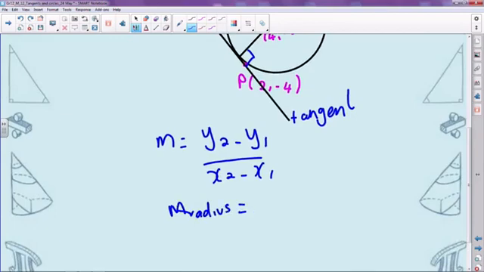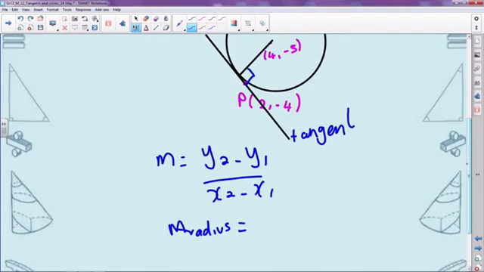It's the change in y, and remember it's important the order that you take it. If you start at the center with the y, you need to start with the center when you're doing the change in x. So it's (-5 - (-4)) all over (4 - 2).